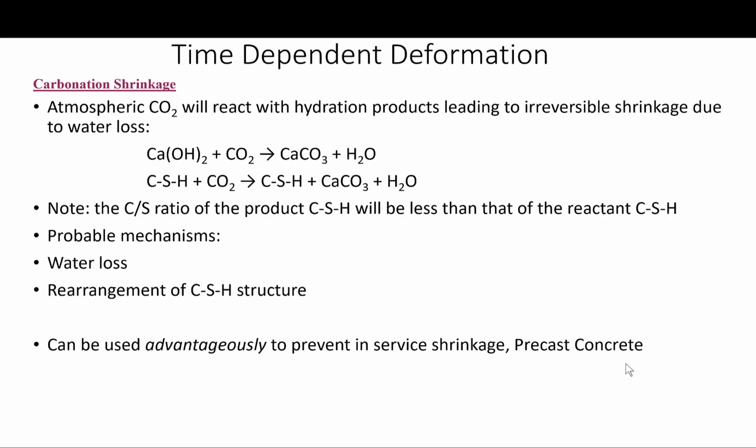It is believed that the carbon dioxide reacts with the calcium silicate hydrate and basically induces a decrease in the calcium to silica ratio, and in parallel also loss of water or moisture. Okay, as you can see in this equation right here, second equation.